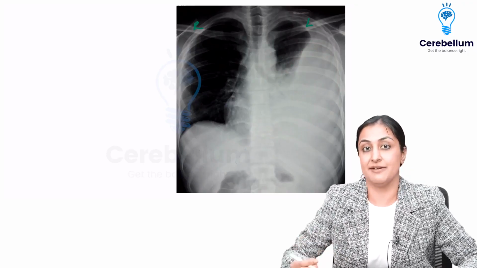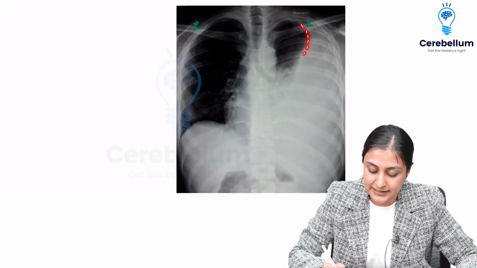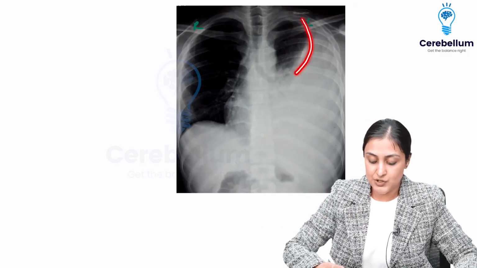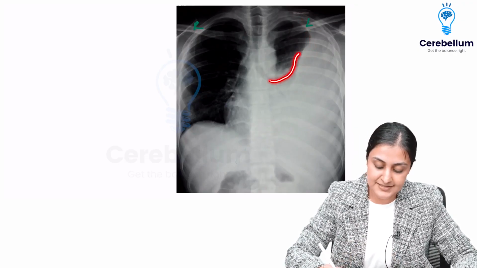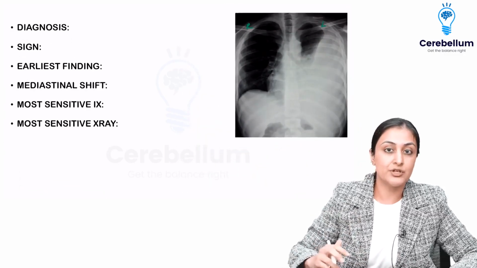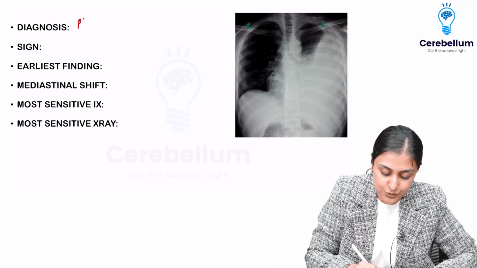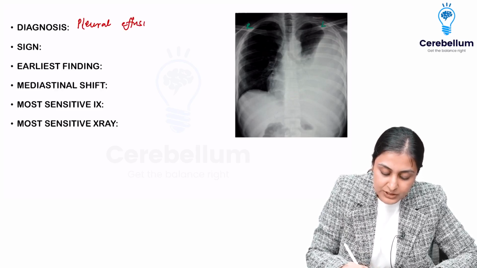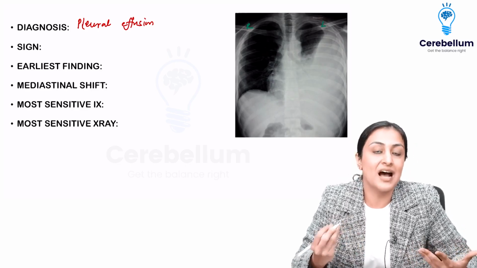So this is right and left. On the left side, you can see there's an opacity and it has this rising curve laterally. So this is what is called a meniscus sign or Ellis's S curve, right? Where the peak is lateral. Whenever you see something like this, the diagnosis is pleural effusion. Pleural effusion is fluid within the pleural space. Now, if this is just fluid, that is what we call a hydrothorax.